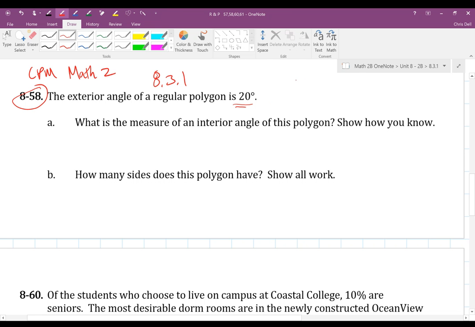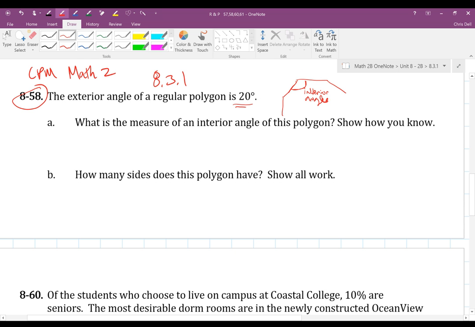Okay, so that means I've got this polygon, and I don't know how many sides it has, but you have two different things on a polygon. I can continue my polygon and figure out how many sides. Say this polygon continued to come around and enclose, but right here, this angle would be considered the interior angle of it.